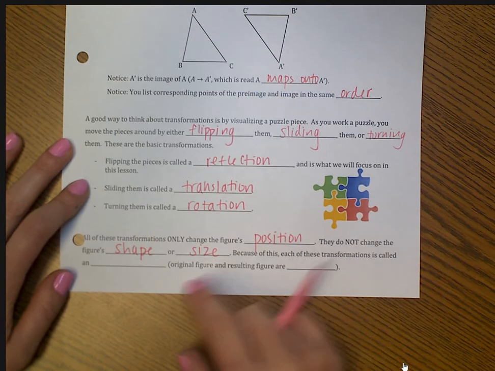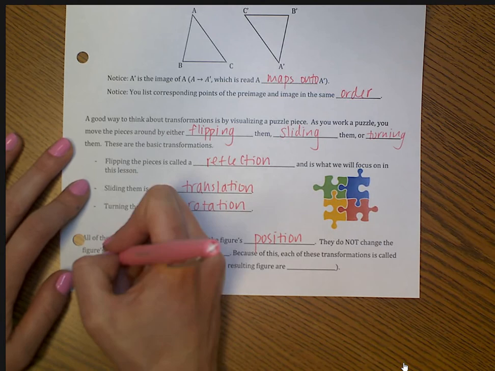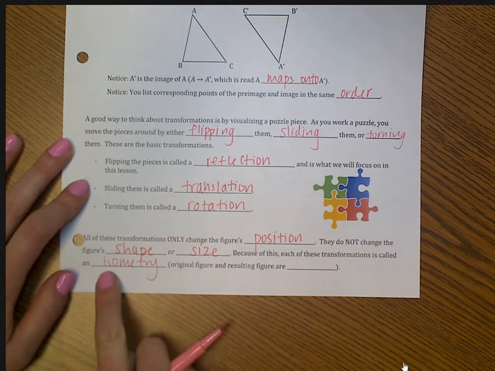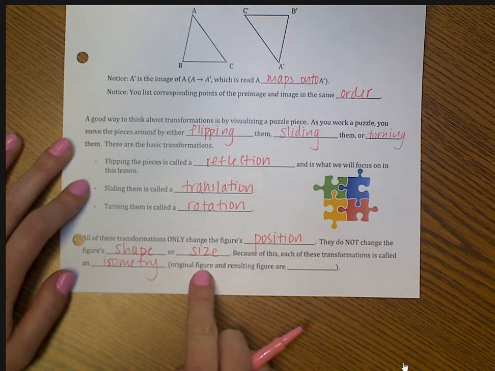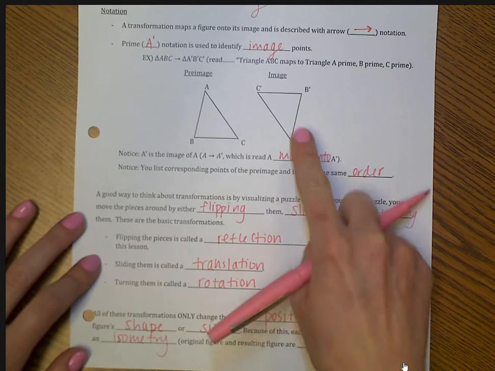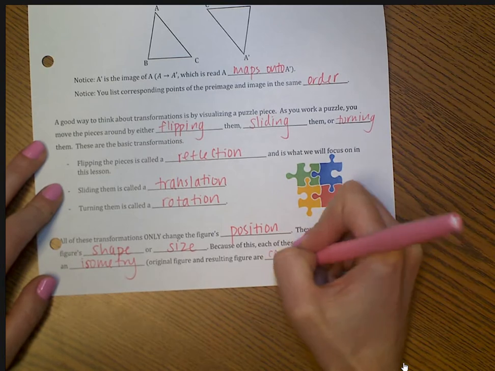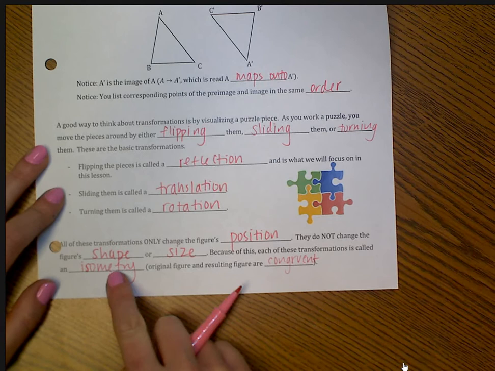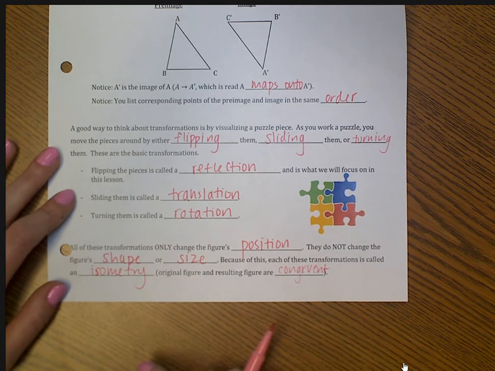When you just change the position, that's called an isometry. It's a really fancy word, isometry. An isometry is when the original figure, the pre-image, and the new figure, the image, are congruent. So if the pre-image and the image are the exact same shape and size, it's called an isometry.